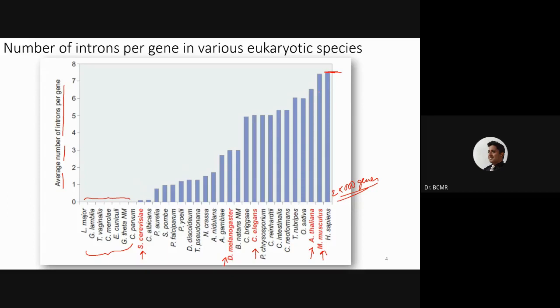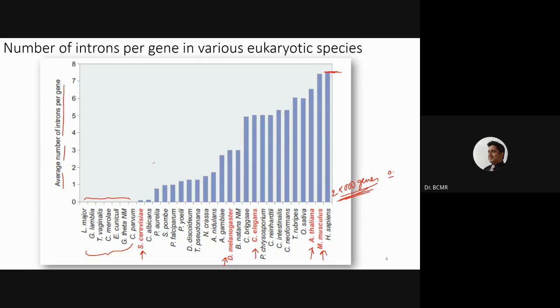When we were discussing the organization of the genome, we came across the fact that there is no proportionality between genome size and the number of genes. The genome size is very huge, but only a very small percentage of it actually codes for genes, and the rest is either junk or we don't know its function.